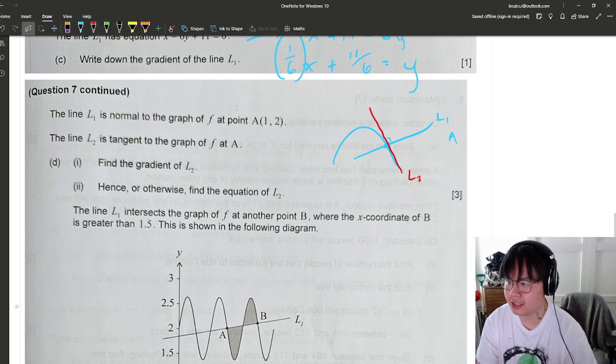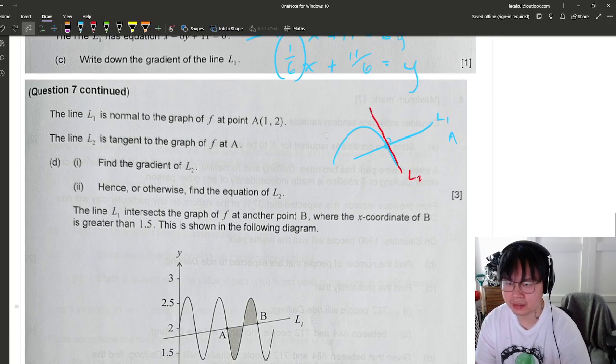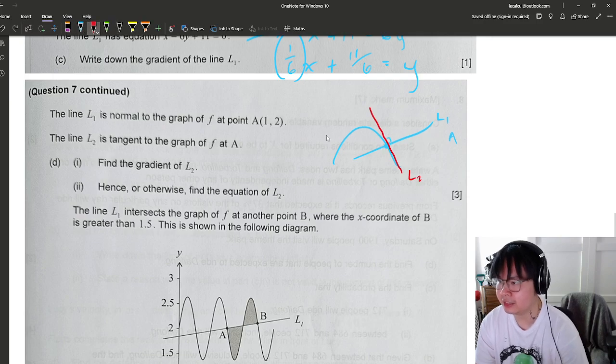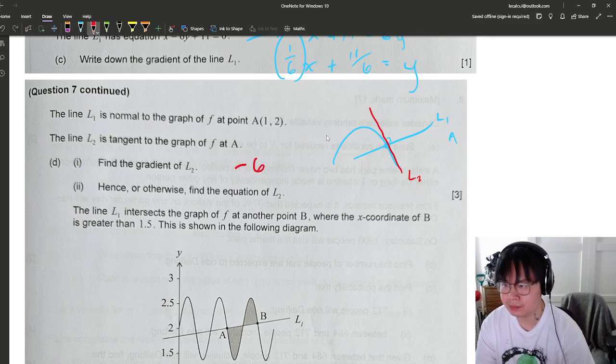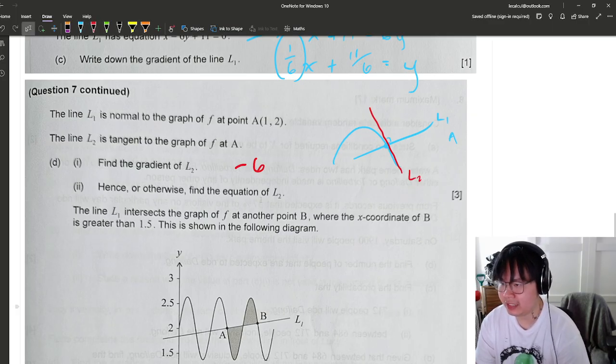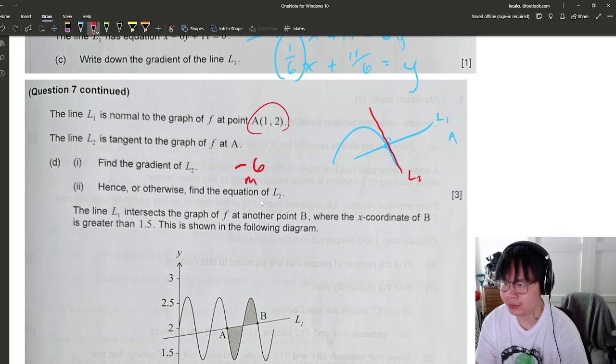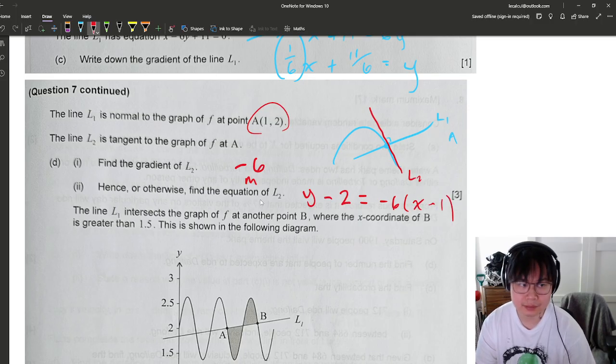Because we know the gradient of line 1, we can figure out the gradient of line 2. This is just the negative reciprocal, so negative 6. Hence or otherwise, find the equation of L2, which is pretty straightforward. We have our slope and our point right here, so we put it into point-gradient formula: y minus 2 equals negative 6 bracket x minus 1.